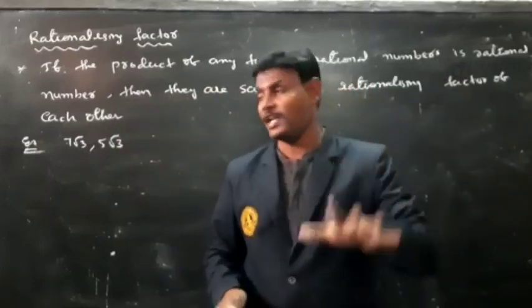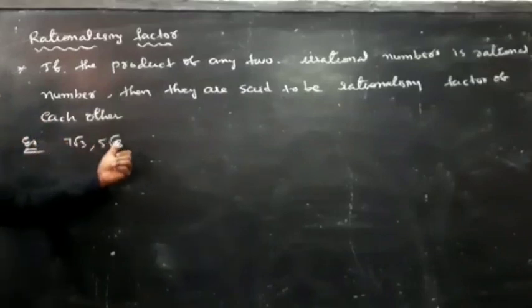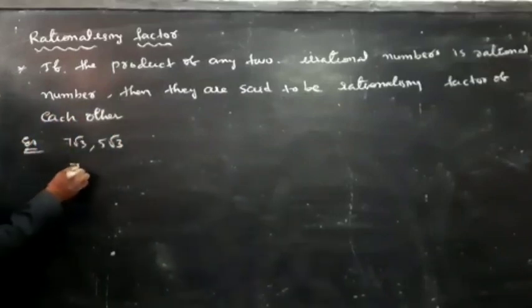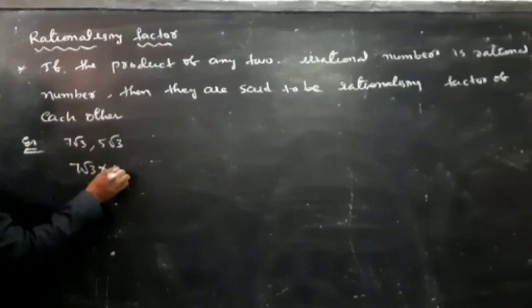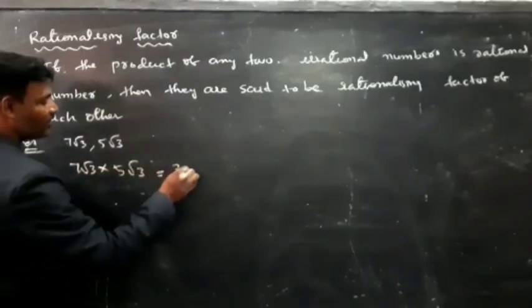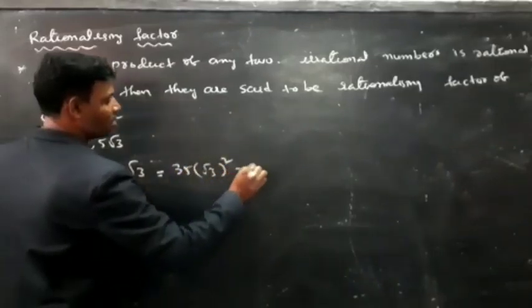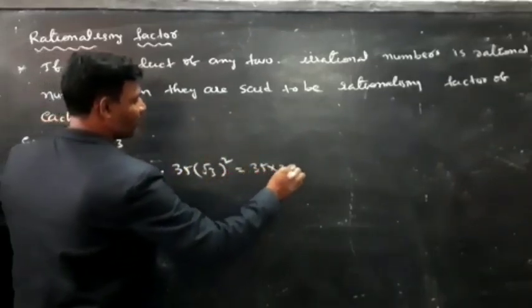For example, I am taking two irrational numbers, 5 root 3 and 7 root 3. Now I am going to multiply the two numbers, 7 root 3 into 5 root 3. 7 5s are 35. Root 3 into root 3 whole square is equal to 35 into 3.